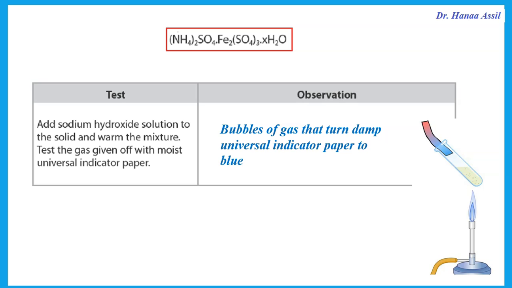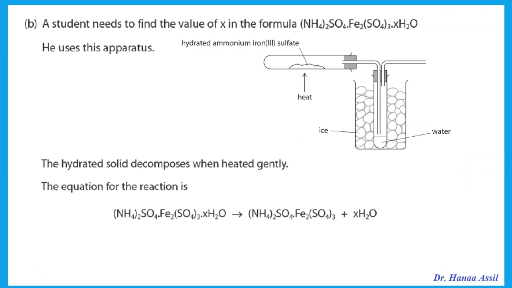So we see bubbles of gas that turn the damp or moist universal indicator paper to blue, or if it is red litmus, to blue. But here he says he put universal indicator paper, so it will turn blue because the gas given off is ammonia, which is alkaline.